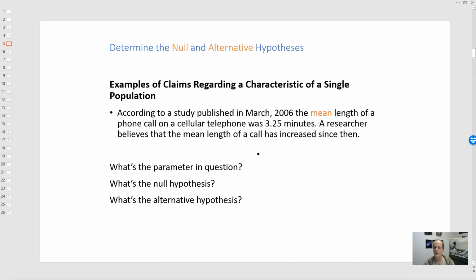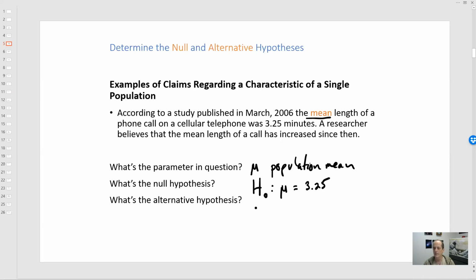So what's the parameter in question? Well, that's a giveaway right there. This is mu, the mean, population mean. What's the null hypothesis? H naught, we're testing against the belief that the mean length is 3.25, so we're going to say mu equals 3.25.